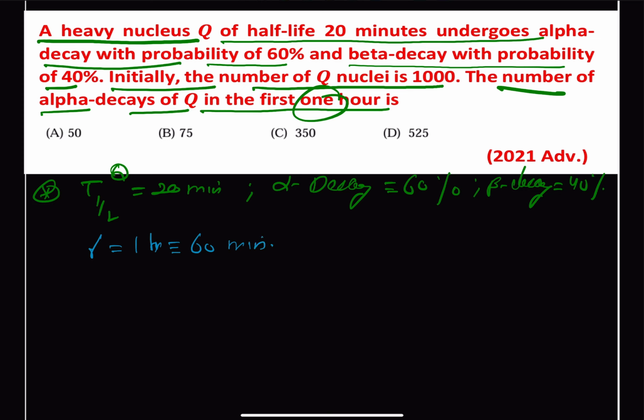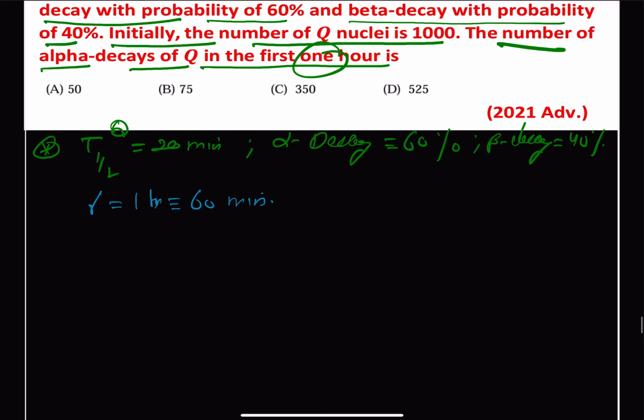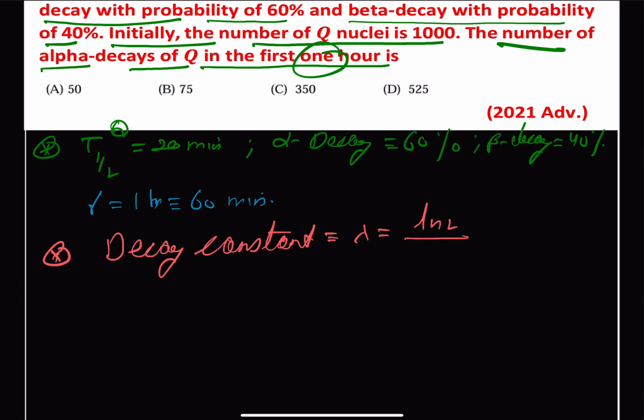So first of all, we are going to find out our decay constant, that is lambda. Therefore, we can say our decay constant lambda is equal to natural log of 2 over the half-life of Q, which gives us 0.693 divided by 20.